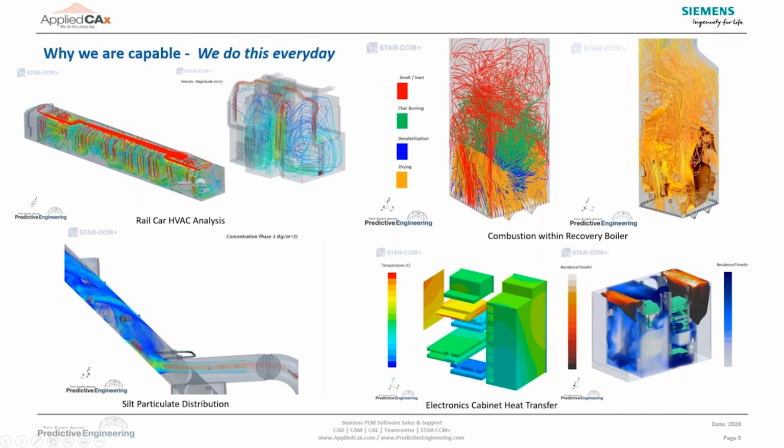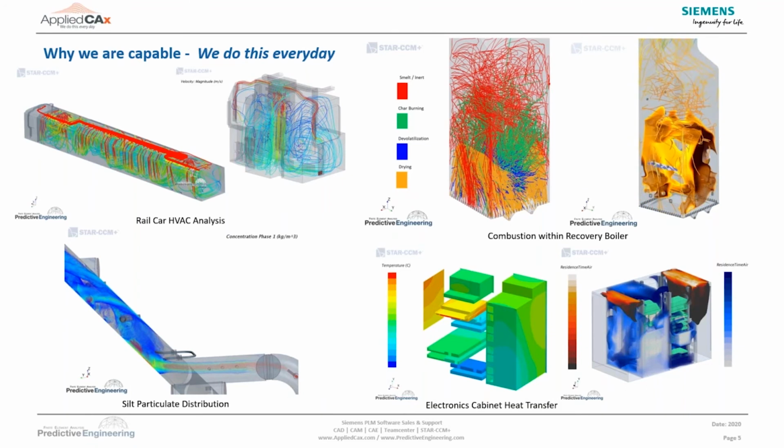It's a quick overview of many of the programs that we've been working on at Applied CAX, primarily our consulting arm that's called Predictive Engineering. We use STAR every day, so it's not like we're just an application engineer making pretty pictures.